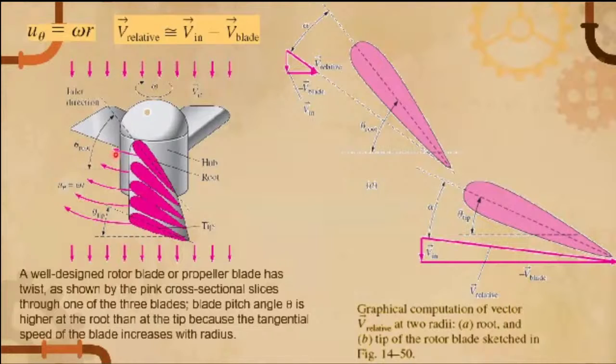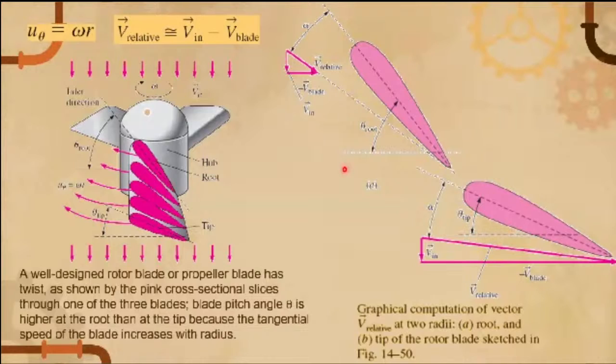Therefore, if you want a good design, you will need to make the angle different. When you have a different angle, you will create a different pressure, but that depends on your velocity as well.